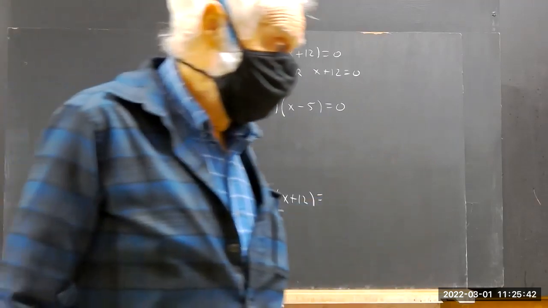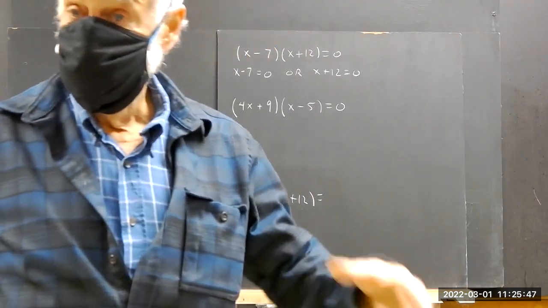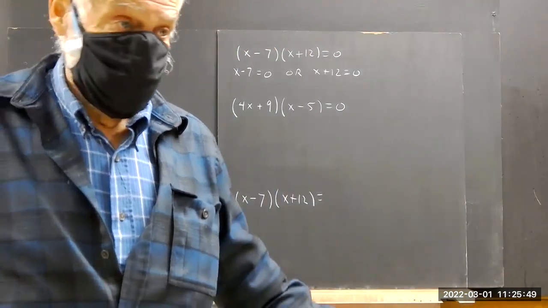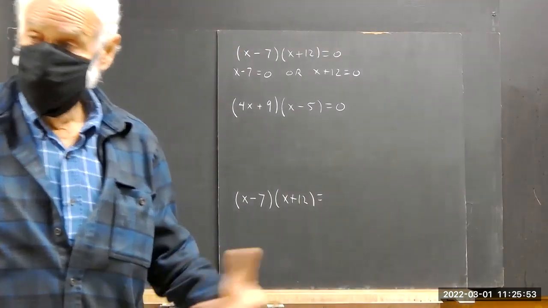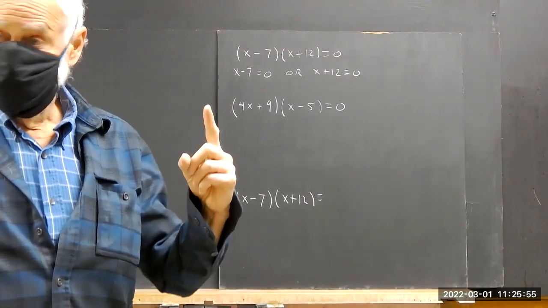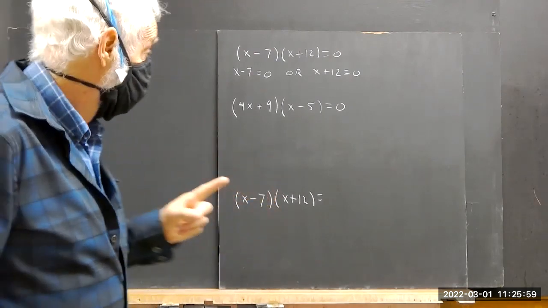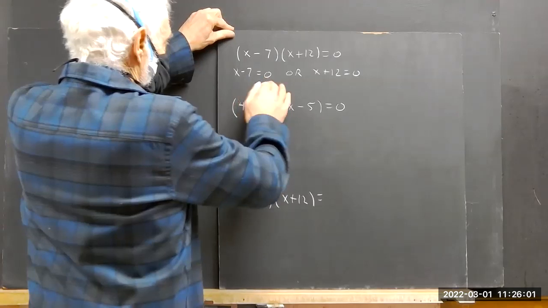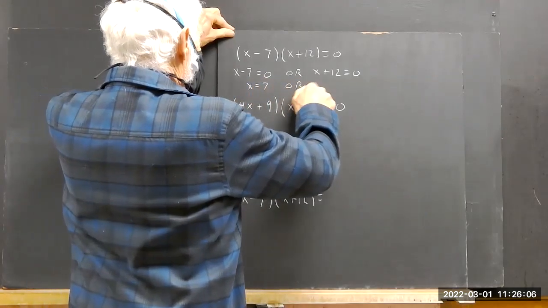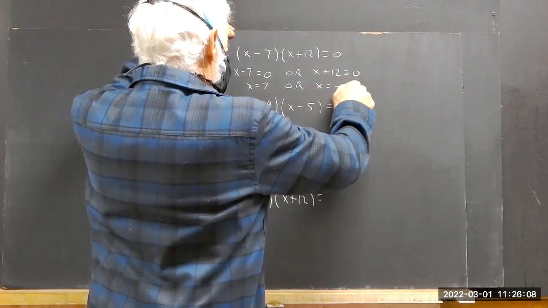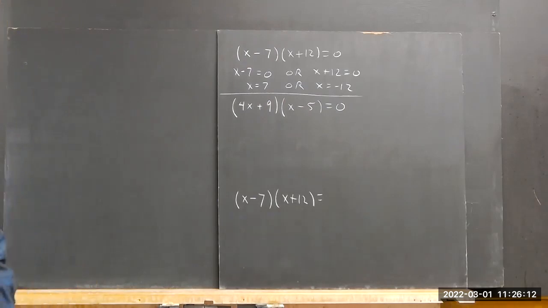And it's, I think Open Math tells you that, called the zero property of multiplication, which just says if you multiply any set of numbers and one of them is 0, you're going to get 0, right? Okay, well, then you easily solve this equation, x equals 7. x equals negative 12.